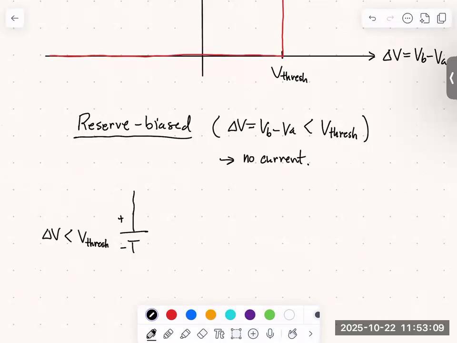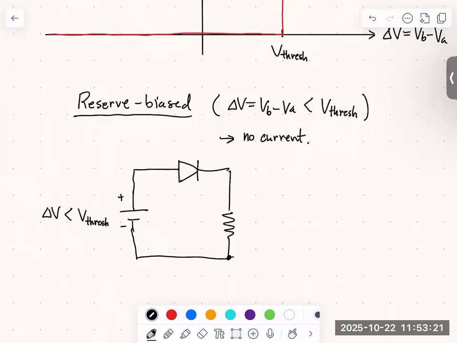Then we'll incorporate our diode right here, and I'm going to put a resistor and then close the circuit. We'll take as the output of our circuit the voltage across the resistor. I'll call the resistor RL. Here's our diode, here's our P side, and here's our N side.